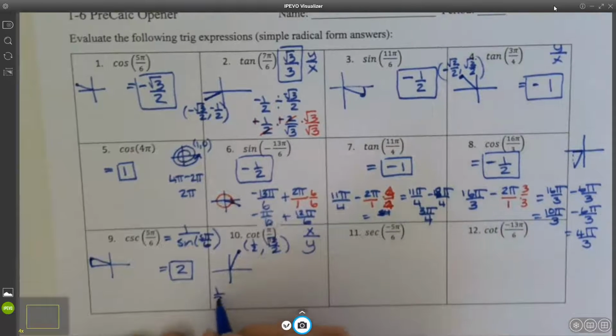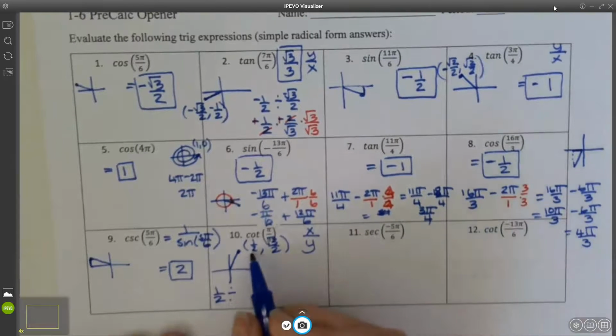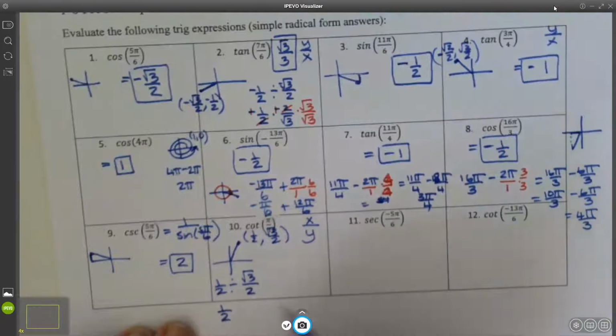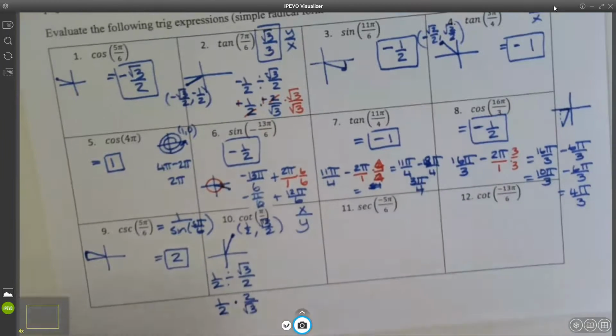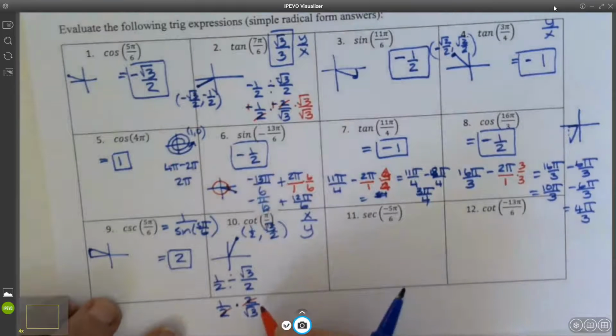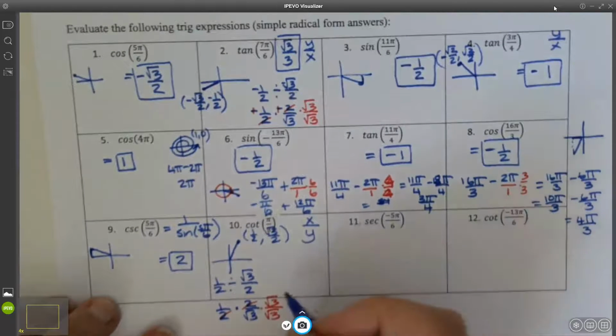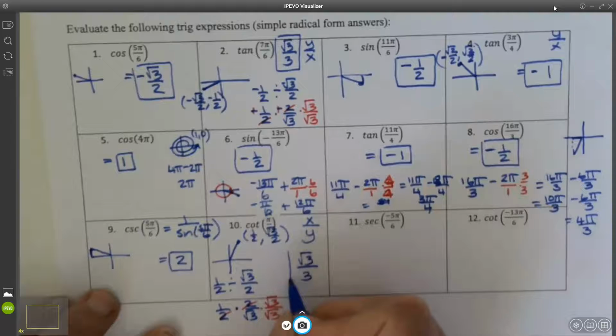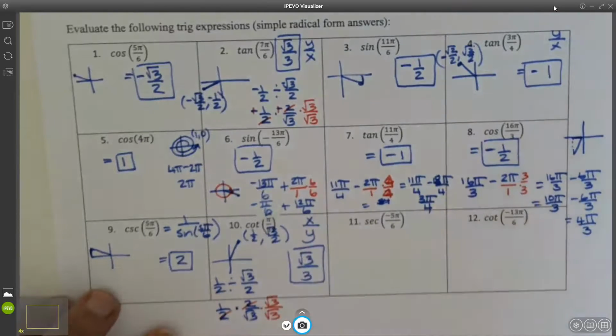So if I take 1/2 divided by, that's my x coordinate, divided by my y coordinate, I'm going to simplify that, and that's going to be 1/2 multiplied by the reciprocal. And then I'm going to simplify this. The 2's would cancel, and then I need to rationalize the denominator. So I'm going to multiply by √3 over √3, and my final simplified solution would be the square root of 3 over 3 for the cotangent of pi over 3.